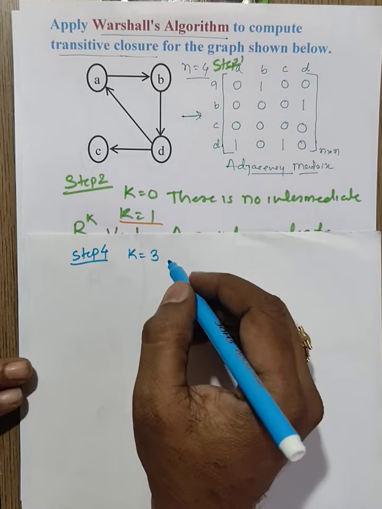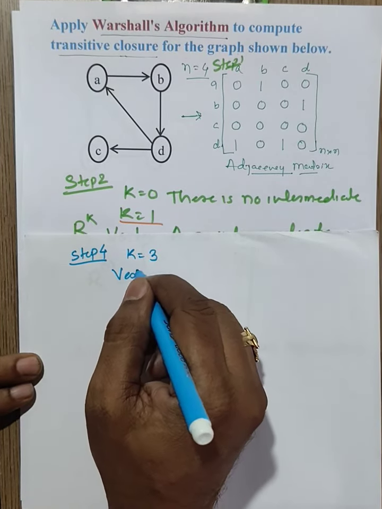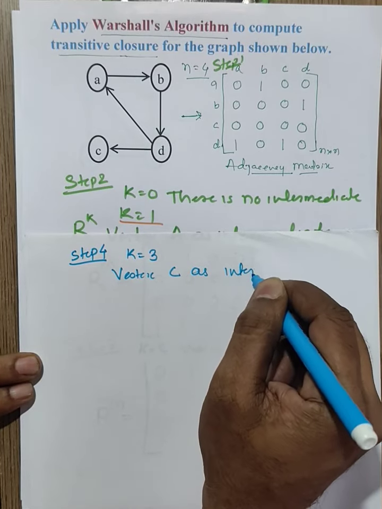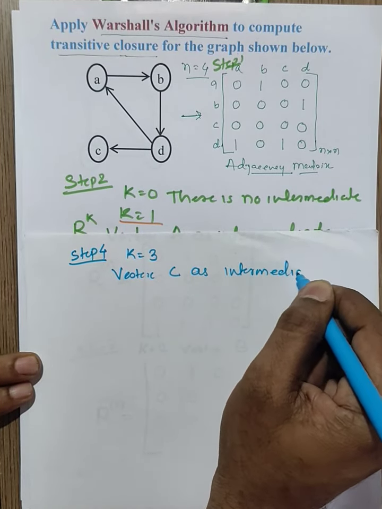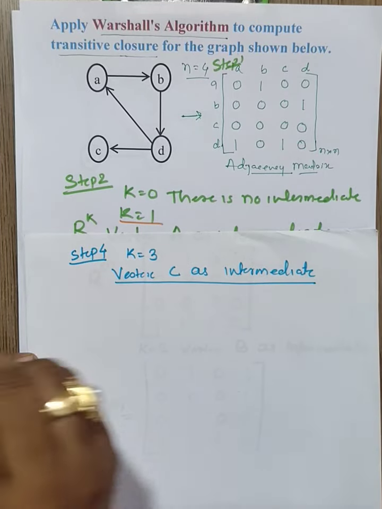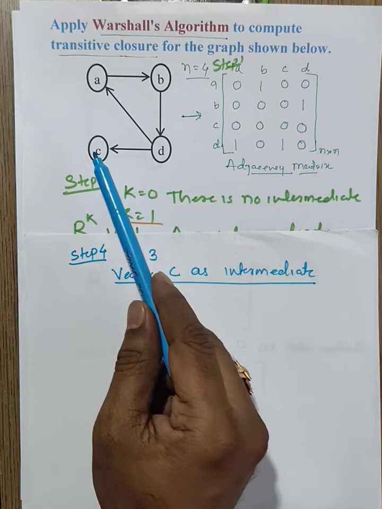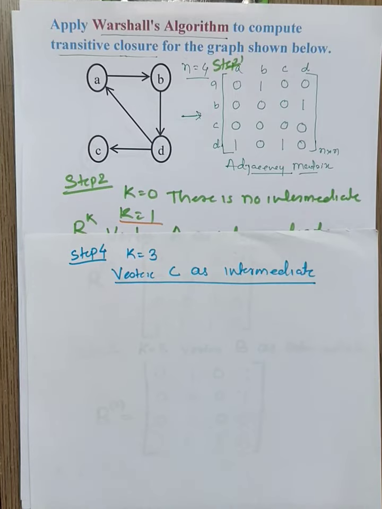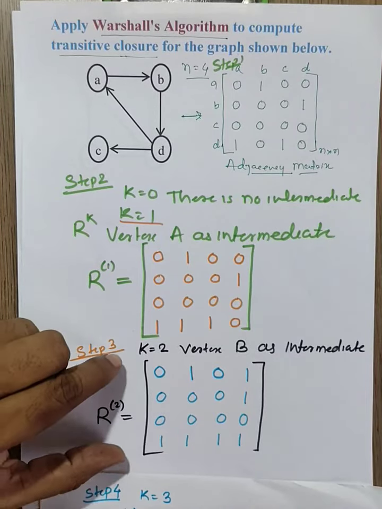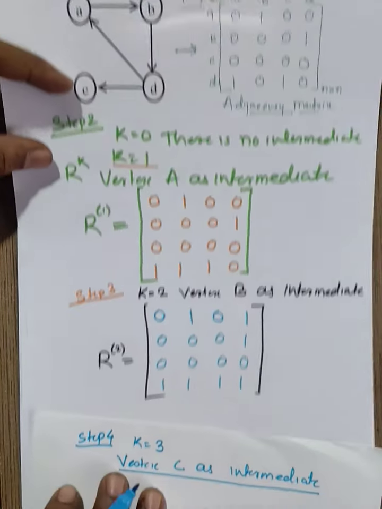K equal to 3 means vertex C as an intermediate vertex. If C is an intermediate vertex, then from C to A, C to B, C to D, is there any edge? No. Means this matrix will get the same values.